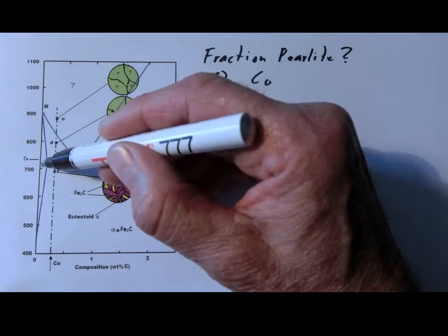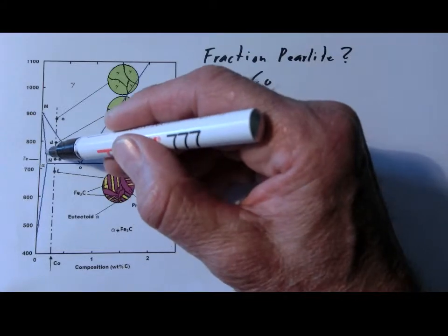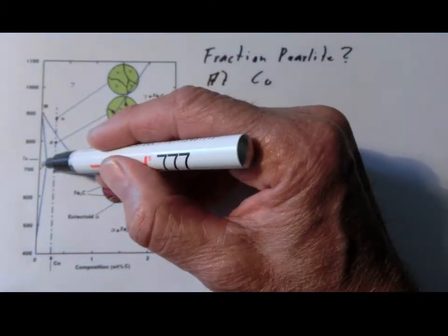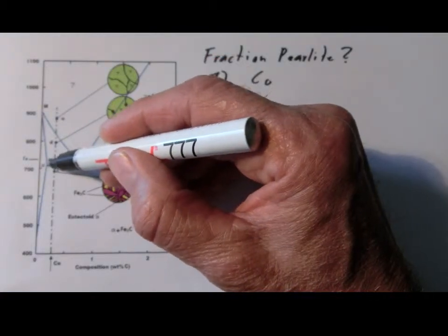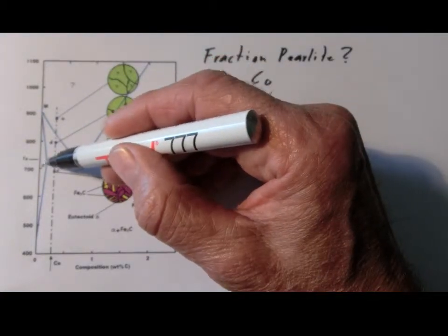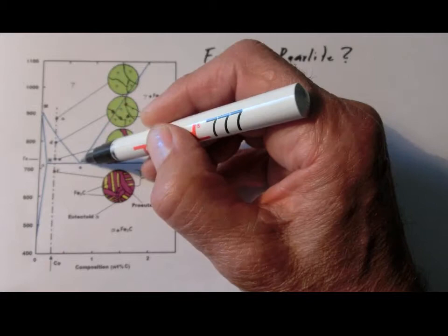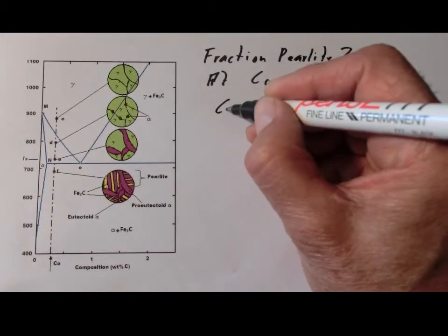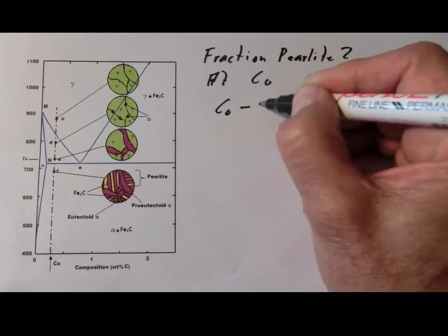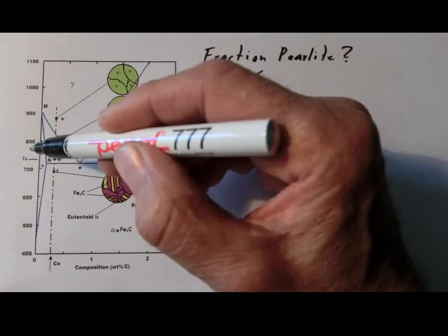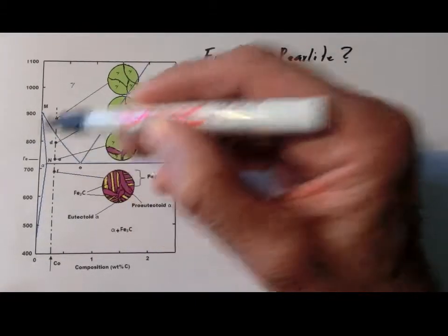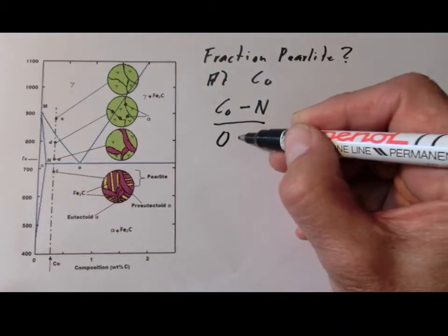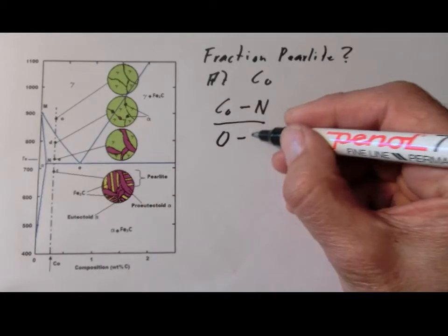We are rather close to the ferrite. It means that we have dominating ferrite. The fraction pearlite will be this distance in relation to the total distance here. So we can have that by taking C0 minus α, which is this point, and dividing by the whole distance, which we call C0' here, minus α.